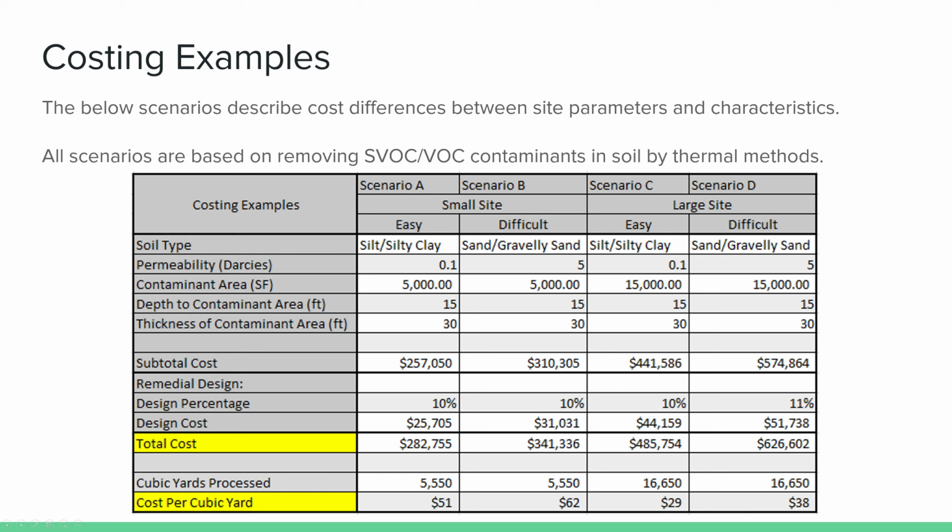If you notice, the permeability of the easier site is lower, and the permeability of the difficult site is higher. That is because a lower permeability tends to be cheaper and easier to remediate because it requires less gas flow.